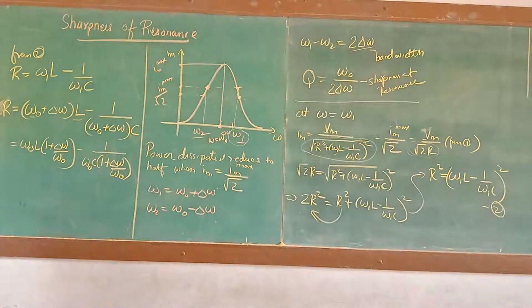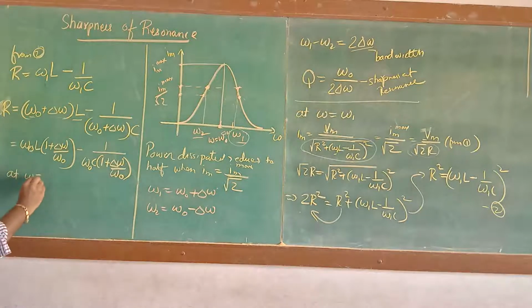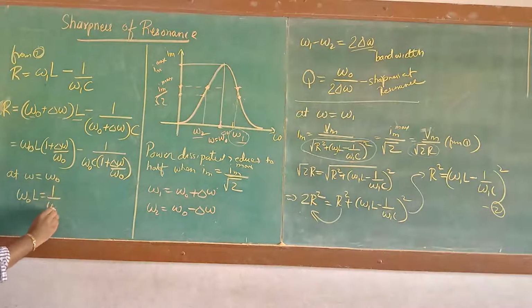Now we know that at resonant frequency, at omega equal to omega 0, we get omega 0 L equal to 1 by omega 0 C, from which omega 0 square equals 1 by LC.